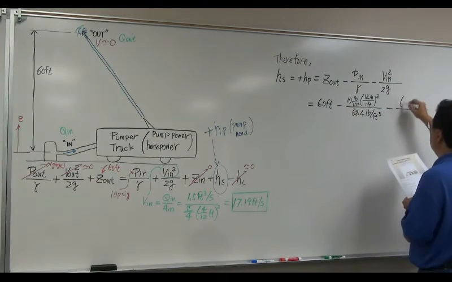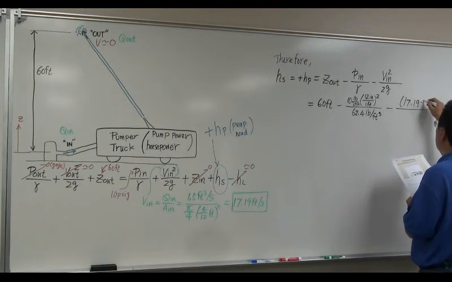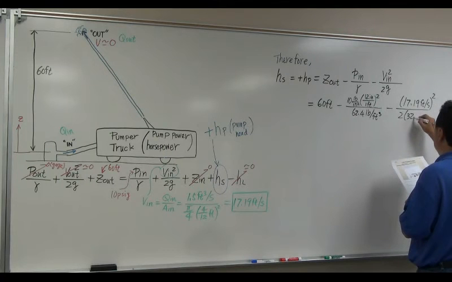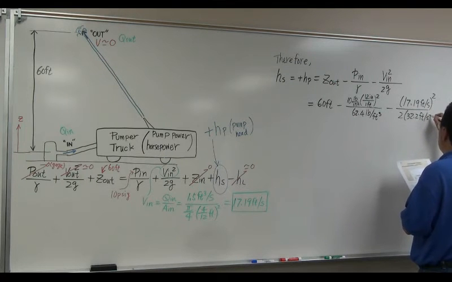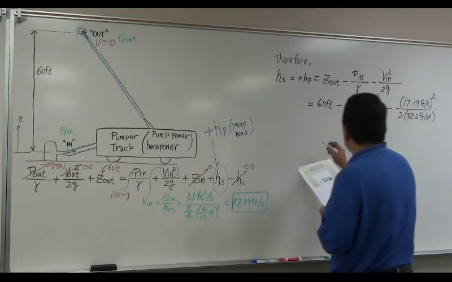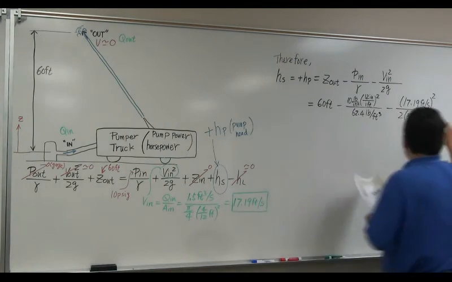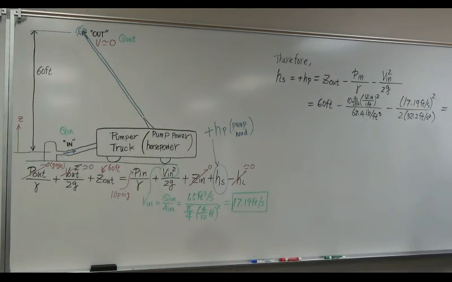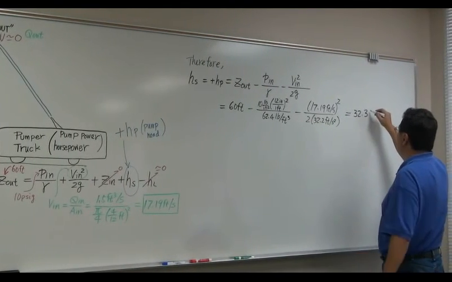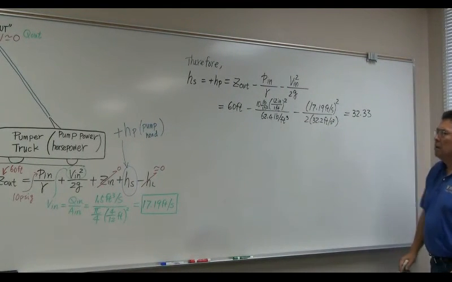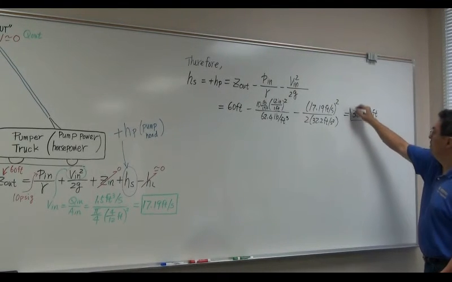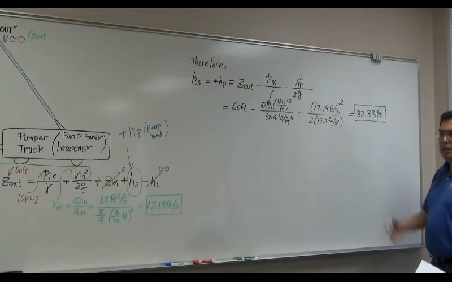Minus velocity, we found 17.19 feet per second, squared, over 2 times 32.2 feet per second squared. Okay. So if you punch those numbers into your calculator, this is going to give you 32.33. What's the unit? Well, obviously this is a head, so the unit is feet. Okay, so this is the answer.